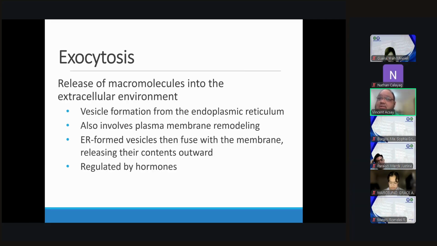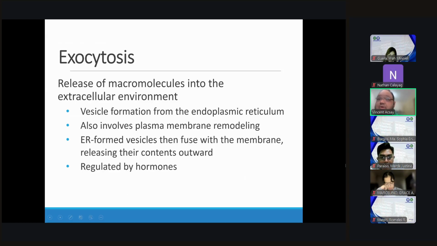So we form vesicles from the inside of the endoplasmic reticulum that now are able to transport things out. Also, not just cell components, but to move newly made phospholipids from the inside of the cell to the plasma membrane. So the endoplasmic reticulum forms vesicles that then fuse with the membrane, then releasing their contents outward.